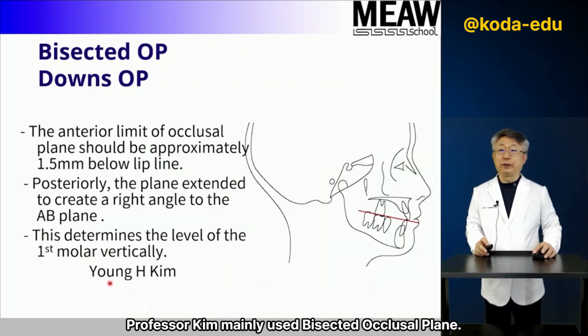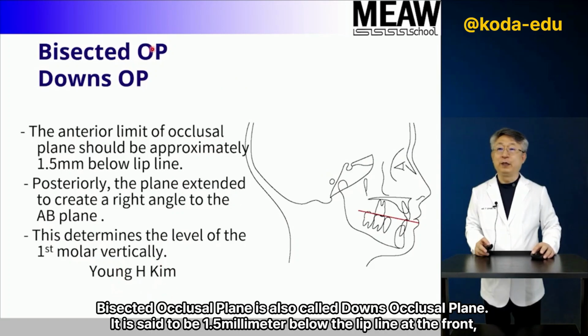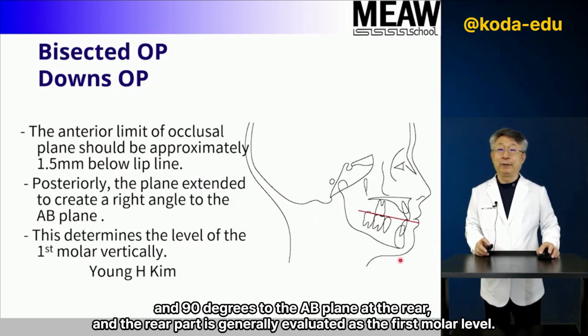Professor Kim mainly used the bisected occlusal plane. The bisected occlusal plane is also called the Downs occlusal plane. It is said to be 1.5 mm below the lip line at the front and 90 degrees to the AB plane at the rear, and the rear part is generally evaluated as the first molar level.